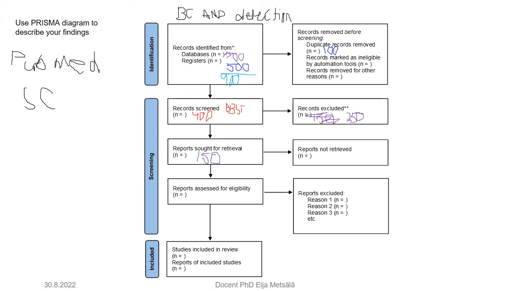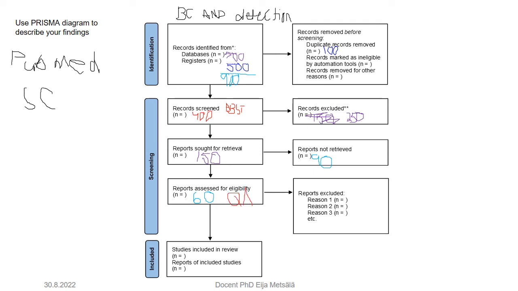In fact, there was over half of them not fitting in. There was 90 articles that really, based on full text, didn't fit into our inclusion and exclusion criteria, which leaves us 60 articles to be assessed for eligibility, and for which we do the quality assessment.